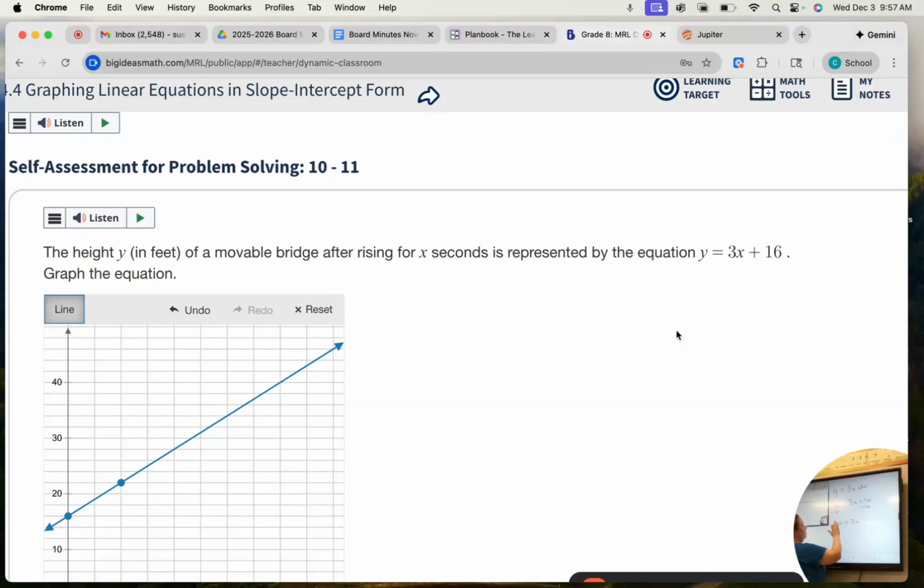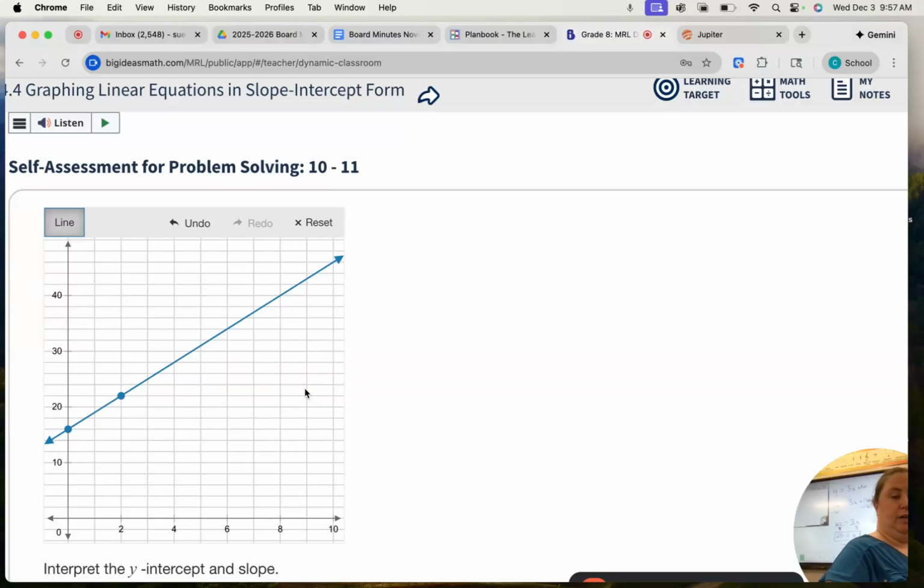So what's my first step? Minus 16. Very good. What's 76 minus 16? 60. Then what's my next step? Divide by 3. What's 60 divided by 3? 20. So after how many seconds will the bridge be at 76 feet? 20. Yep, after 20 seconds the bridge would be 76 feet.